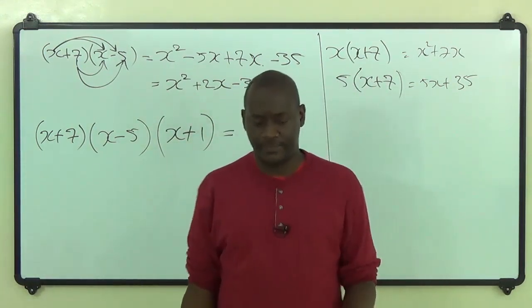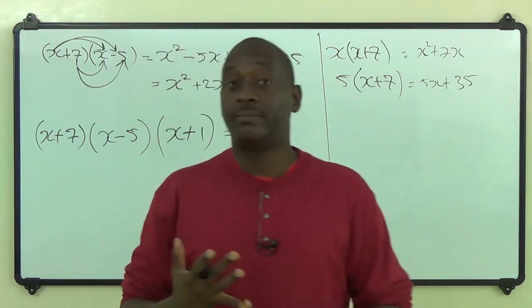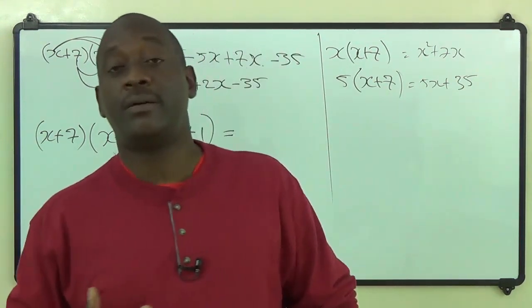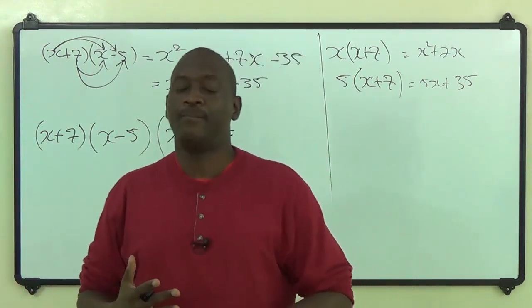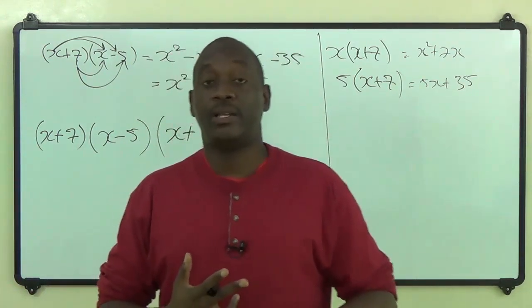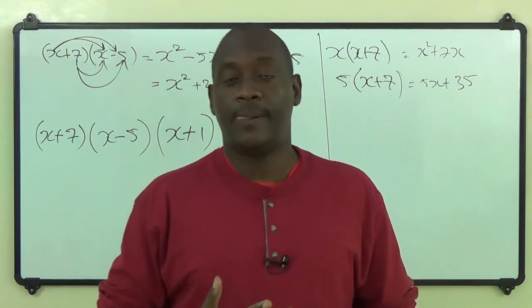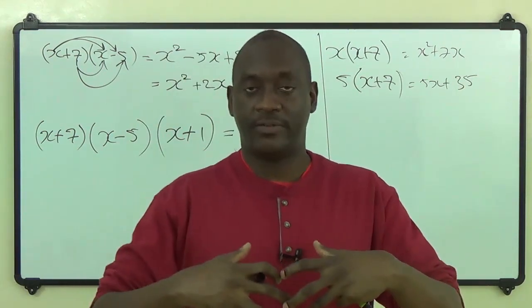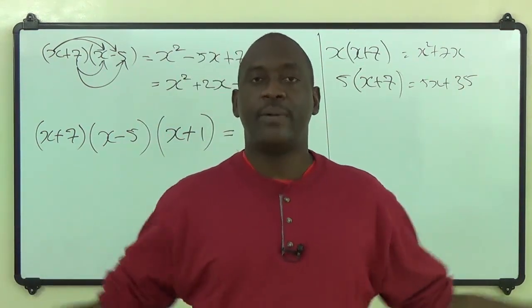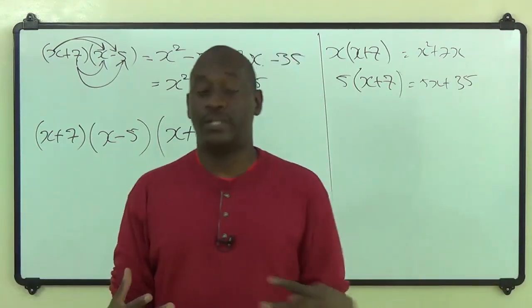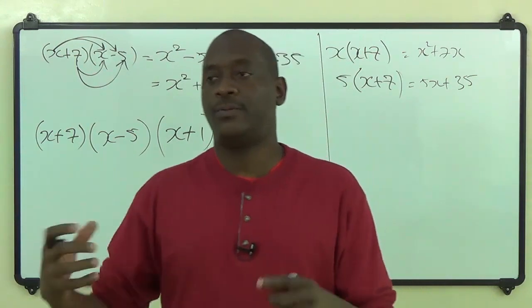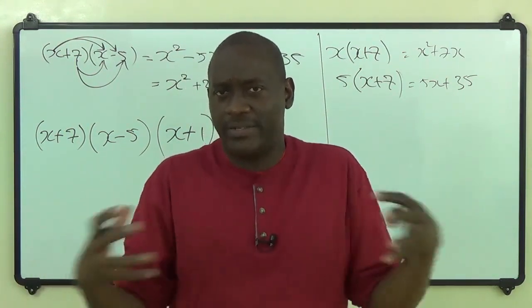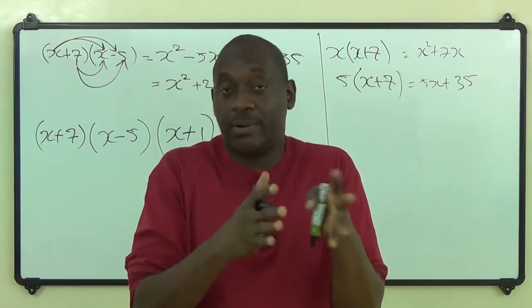So in other words, you multiply a polynomial of degree 1 by another polynomial of degree 1, and the answer is a polynomial of degree 2. So anytime you're multiplying 2 polynomials, the power of the answer would be the sum of the powers of the other 2.